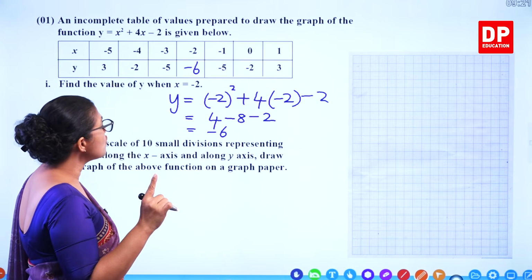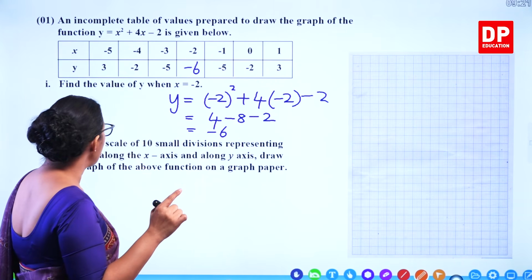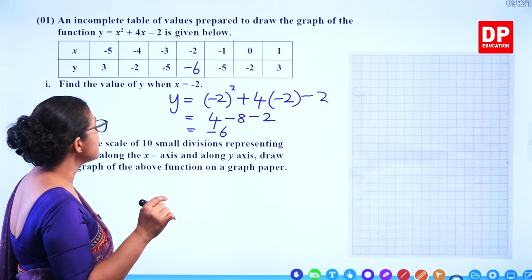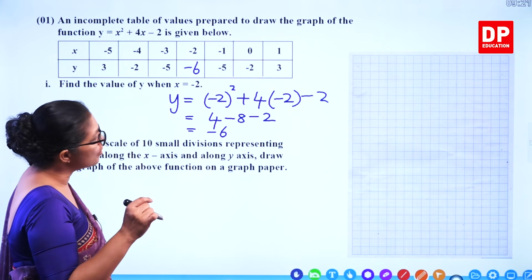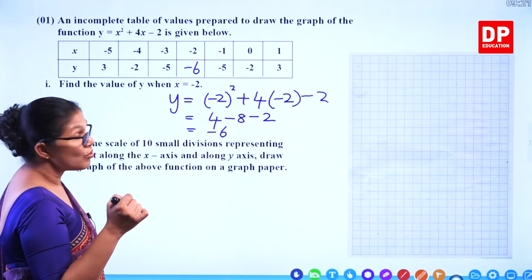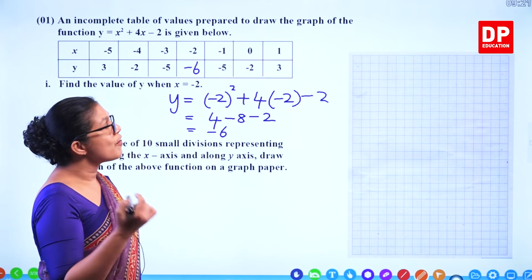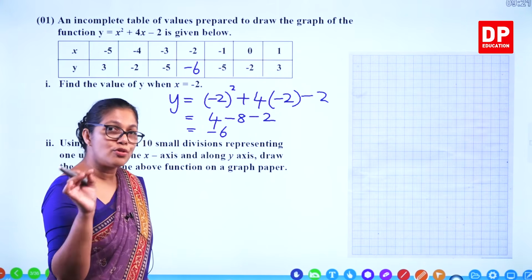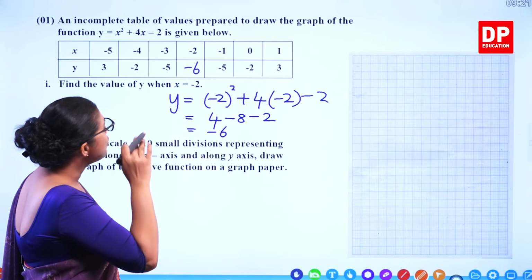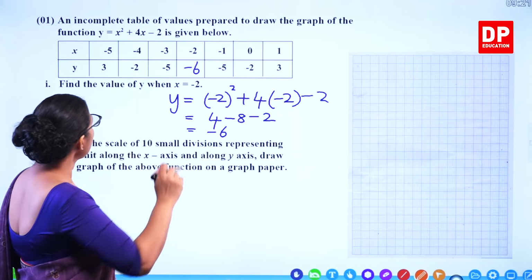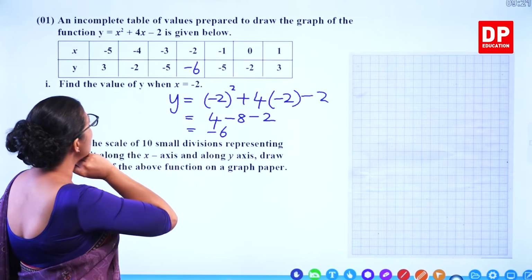Using the scale of 10 small divisions representing 1 unit along the x-axis and along the y-axis, draw the graph of the above function on a graph paper. So you can ask for a graph paper and make sure that you write your index number. Now we need to adjust the scale. The lowest x value is minus 5.